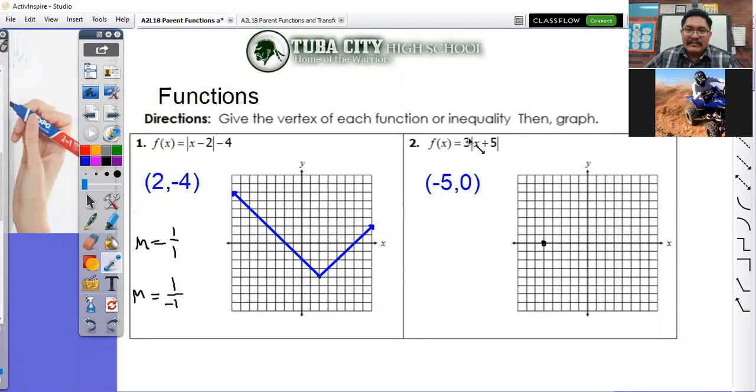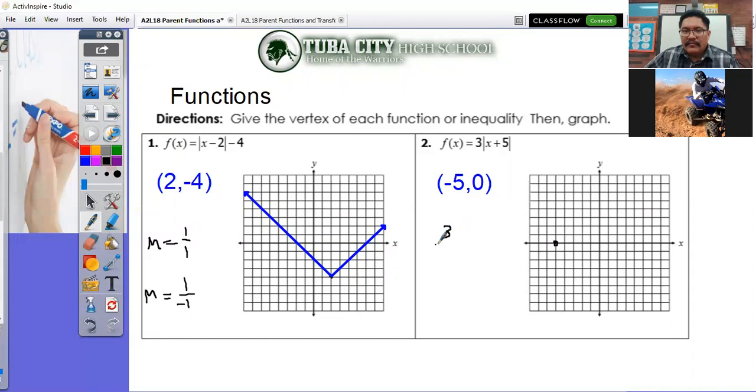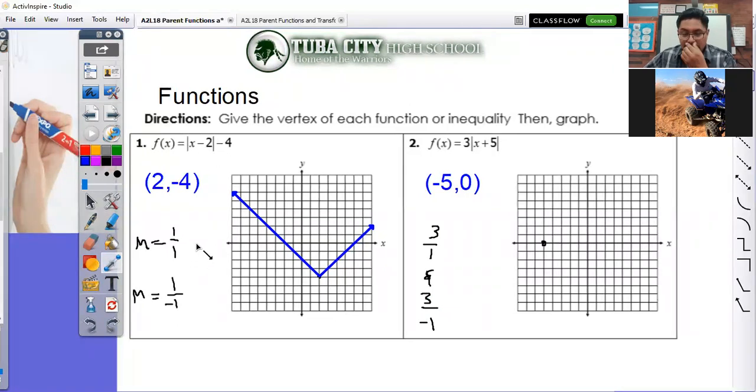Okay, now I have to worry about this 3. Again, the slope is up 3 over 1 and 3 over -1. This is easy. If you just had a line up 3 over 1, up 3 over 1, and you're pretty good at linear functions, this is no problem at all.